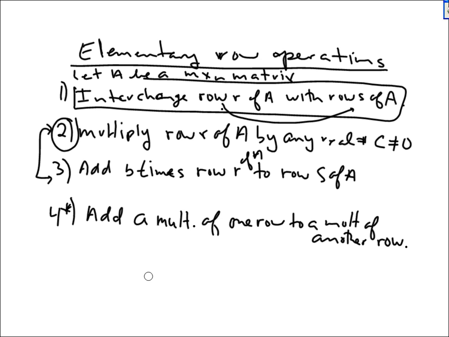And we didn't prove number 3, but if you add b times equation R to equation S, the system of equations will still have the same solutions. If you add a multiple of one equation to another equation, the solutions will not change.